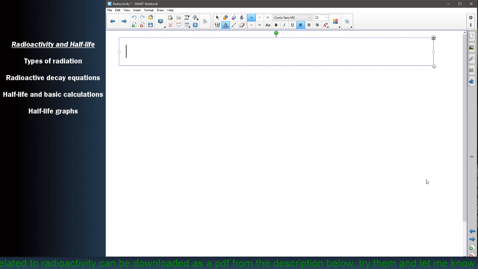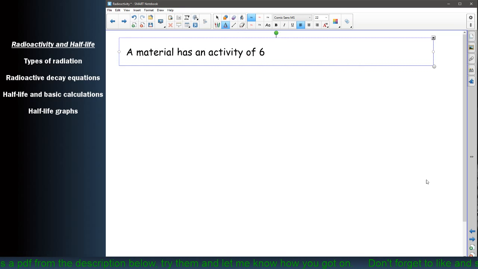So let's try a standard question. A standard question would look something like: a material has an activity of, let's try 600 becquerels, and a half-life of, no, not 60, because then we've too many sixes going on.